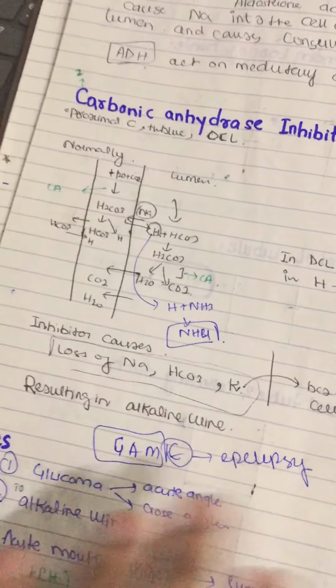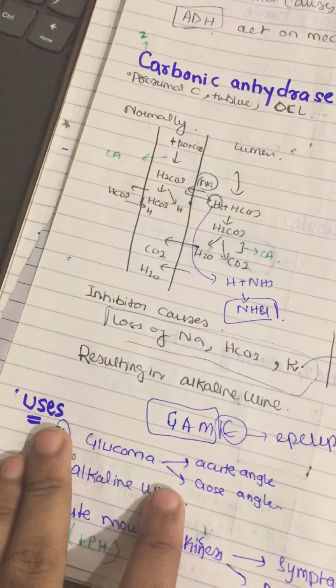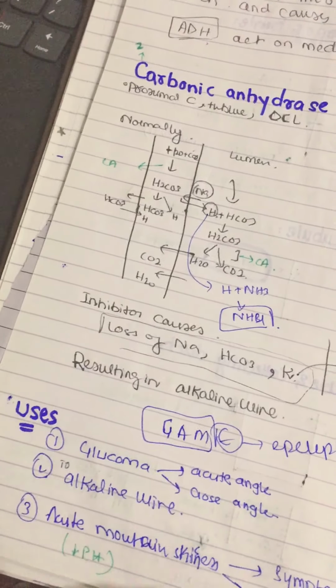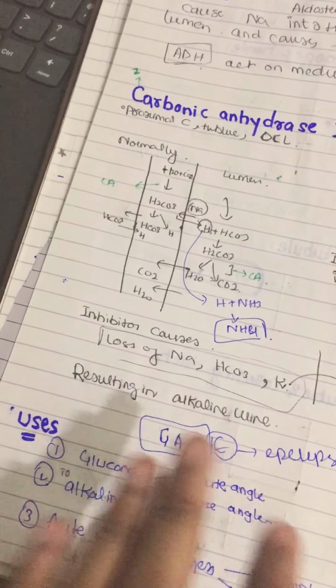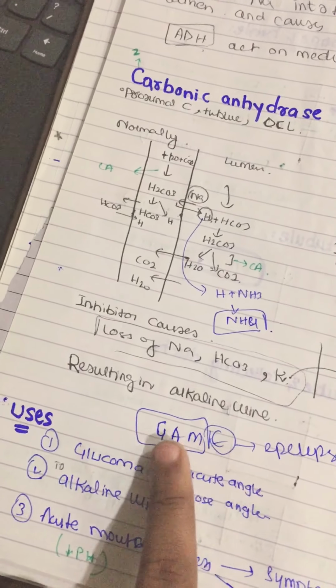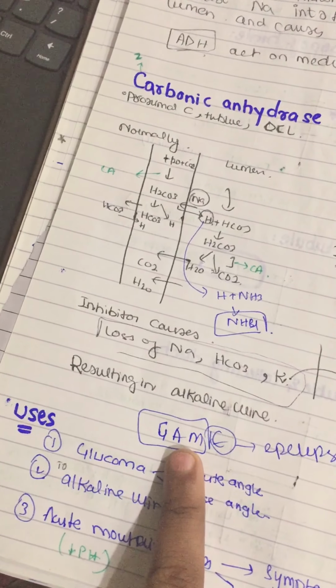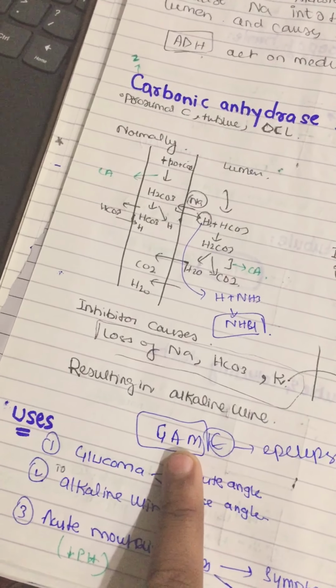Now we're going to do the uses of the carbonic anhydrase inhibitor. To remember that, you need to remember the mnemonic GAME. G is glaucoma, the acute and the chronic glaucoma. A is acute mountain sickness.